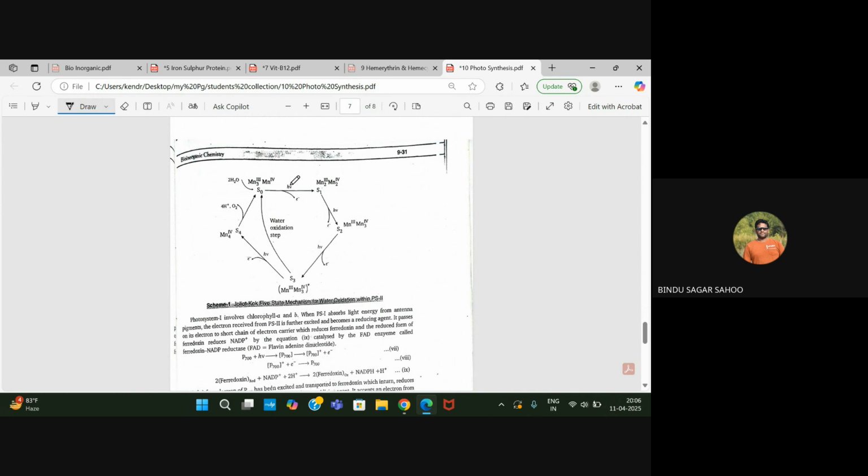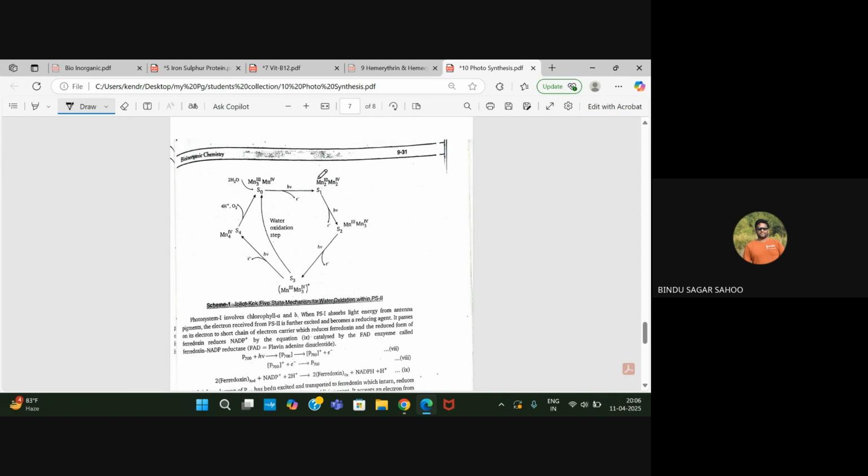That means in every step there will be addition of a photon and removal of 1 electron. If you consider from S0 to the complete step S4 and again come back to S0, in the whole cyclic process there will be addition of 4 photons and removal of 4 electrons, and in the last step you can see there will be removal of an oxygen molecule, along with 4H+ ions.